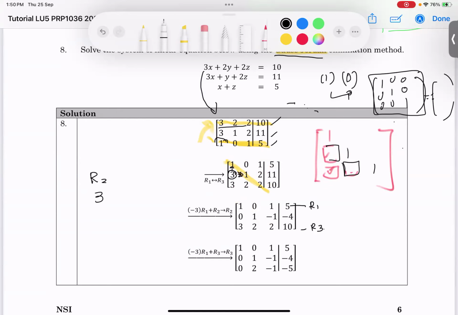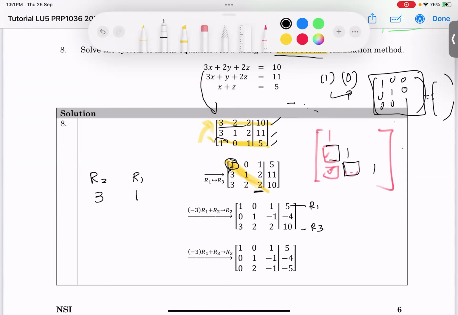We can only use the one on top, no other choice. So R2 is 3. How about my R1? My R1 is 1.